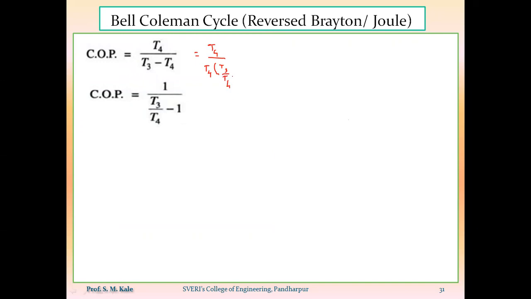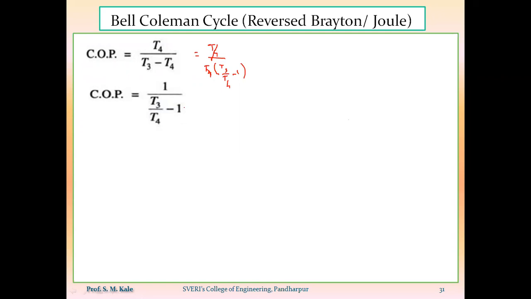So this T4 and this T4 will get cancelled, and finally I will get COP is equal to 1 upon T3 by T4 minus 1.